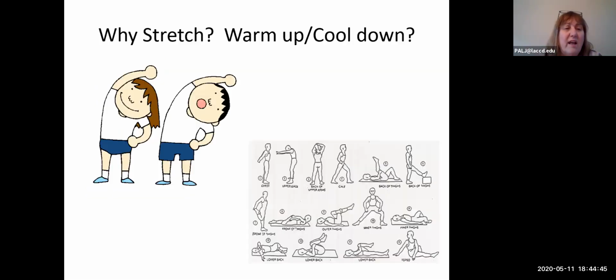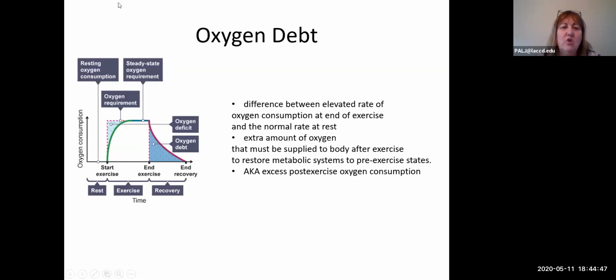Okay. What happens then is your muscles needed this high level of oxygen, only you have quit exercising. So the amount of blood coming in to bring the oxygen is here. And so you end up with this blue area right here at the end, which is called oxygen debt.